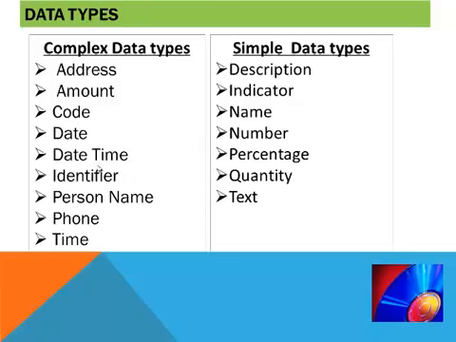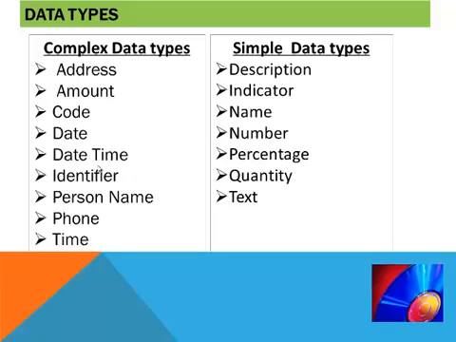The second generally includes description, indicator, name, number, percentage, quantity, and text. So the complex data types generally can be constructed from the simple data types. In order to understand these data types, we will go through some basic items here.